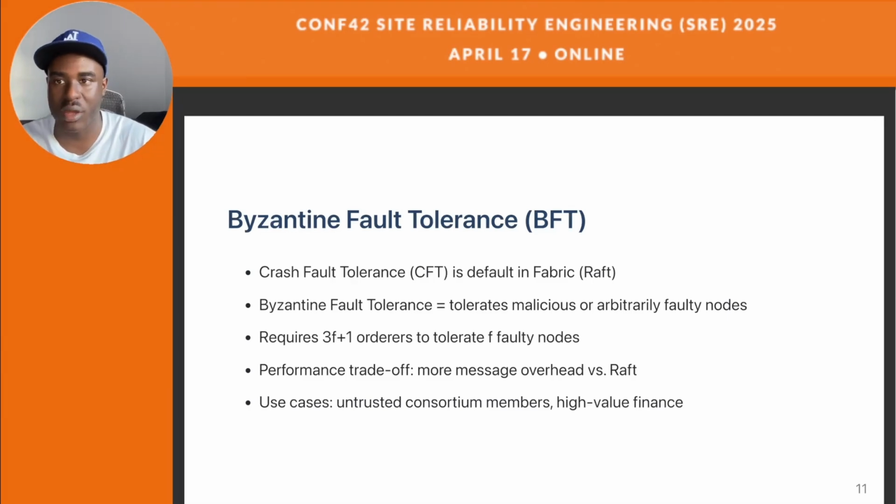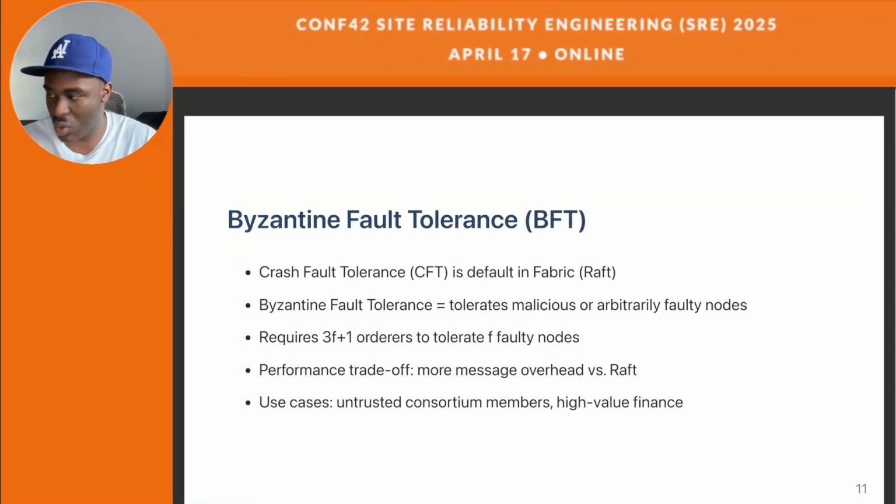That is a case Raft doesn't take care of. Byzantine fault tolerance means that you can tolerate nodes that actively misbehave, attempt to fork the chain, or attempt to do crazy things like reorder transactions. So Fabric introduced a BFT ordering service.